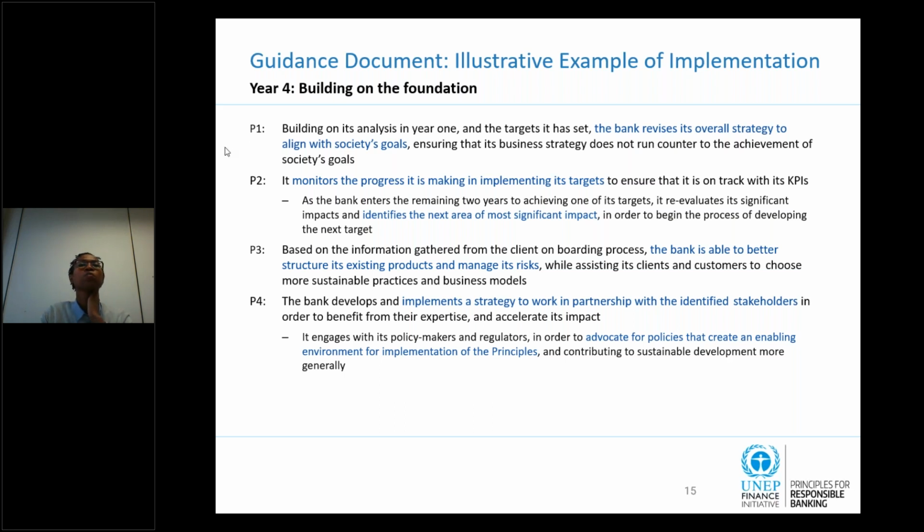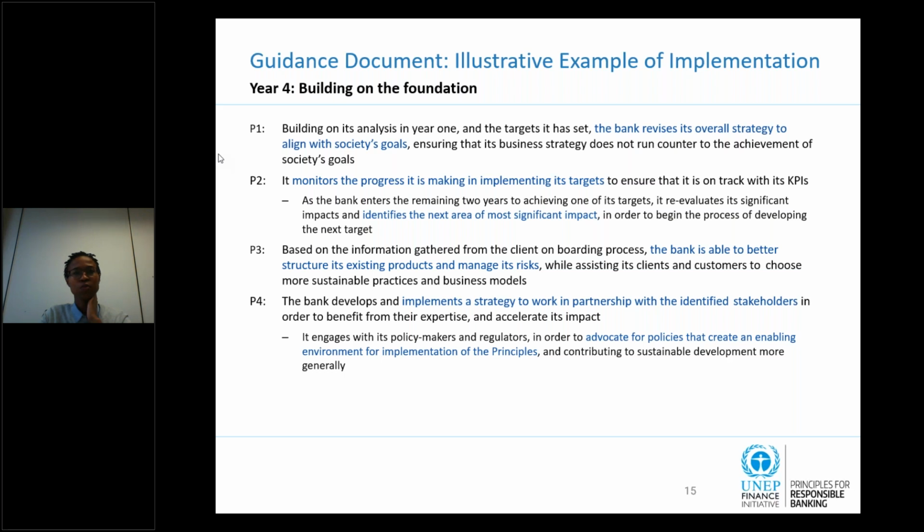On principle number 3, based on the information gathered from the client onboarding process, the bank is able to better structure its existing products and manage its risks while assisting its clients and customers to choose more sustainable practices and business models.